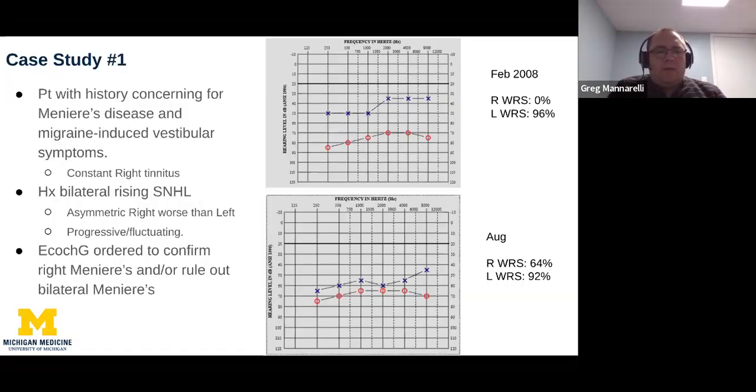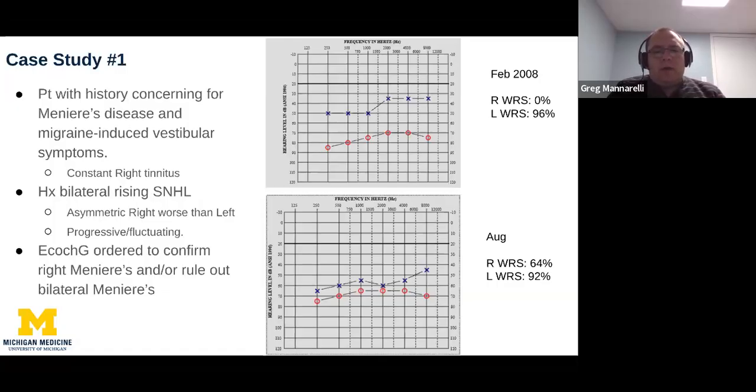She has a constant right tinnitus and a history of bilateral rising sensorineural hearing loss. I don't have bone conduction on these waveforms, to simplify it, but they're both sensorineural. Her right ear is worse than her left. It tends to fluctuate, with a poor, fluctuating word recognition score. Word recognition is always consistently poorer than the left side, and the right side tends to fluctuate more than the left does.